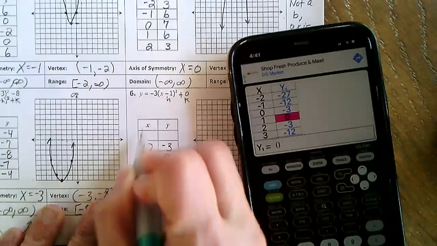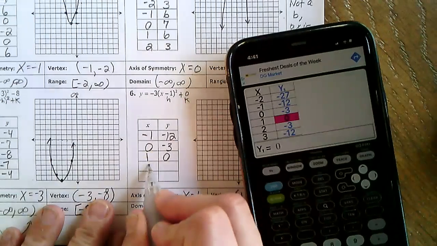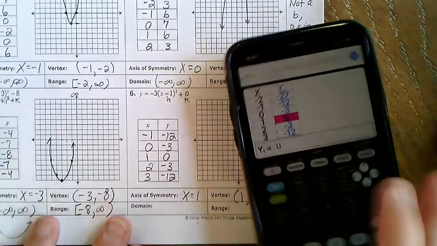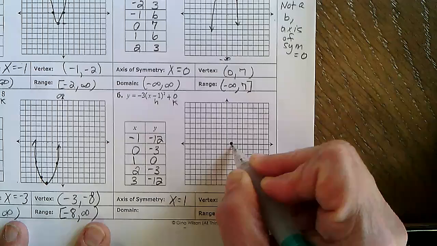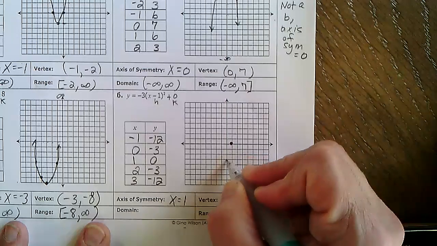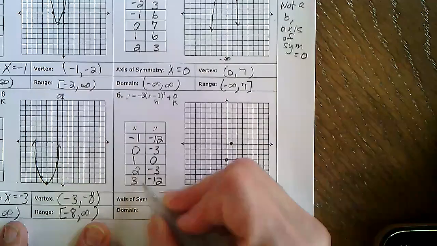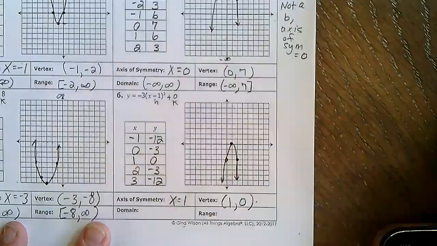So 1, 0, 0, -3, -1, -12, and 2, -3, and 3, -12. Okay? So 1, 0, that's across 1, up and down 0, 0, -3, 2, -3, and then I'm not even going to worry about those two because my graph doesn't even go down to 12. That's good enough.